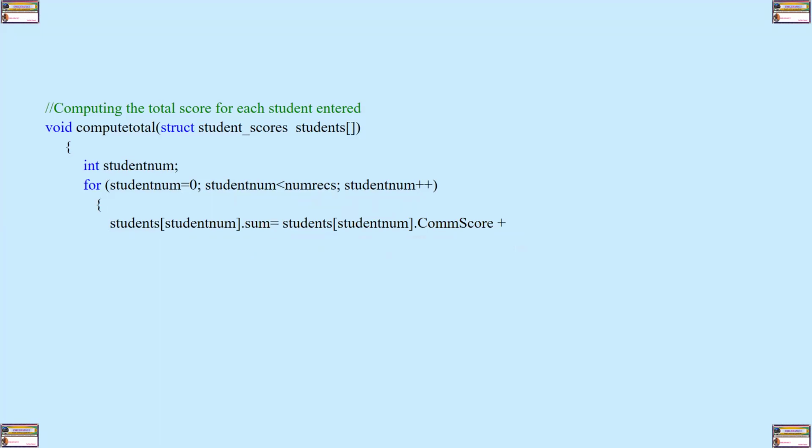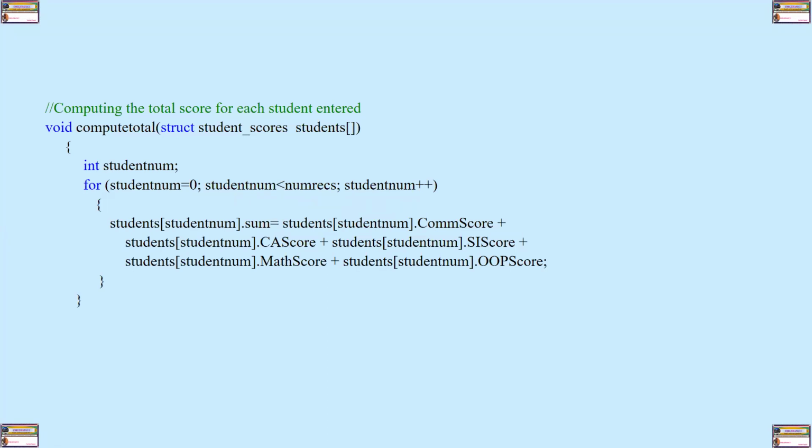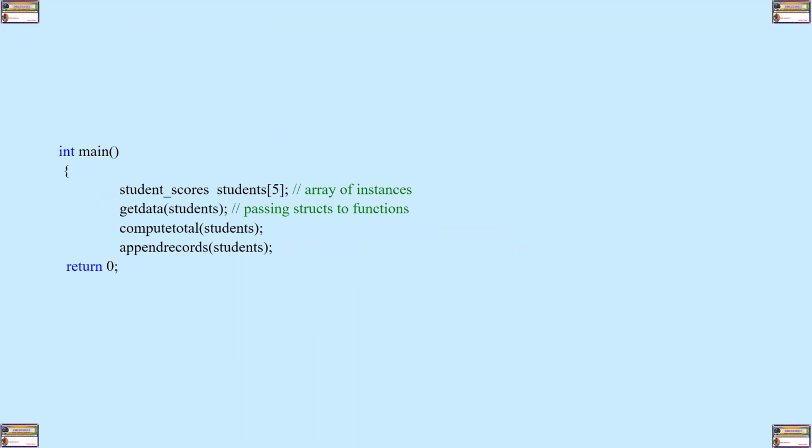The students 0.sum, the score for the first student, will be stored there. Then the students 1.sum for the second one will be stored there. Once that is done and this last brace is executed, the control will be taken back to the calling function, which is main.